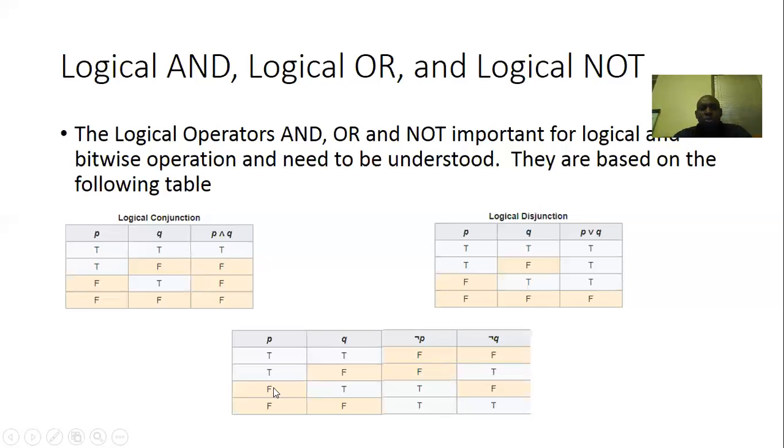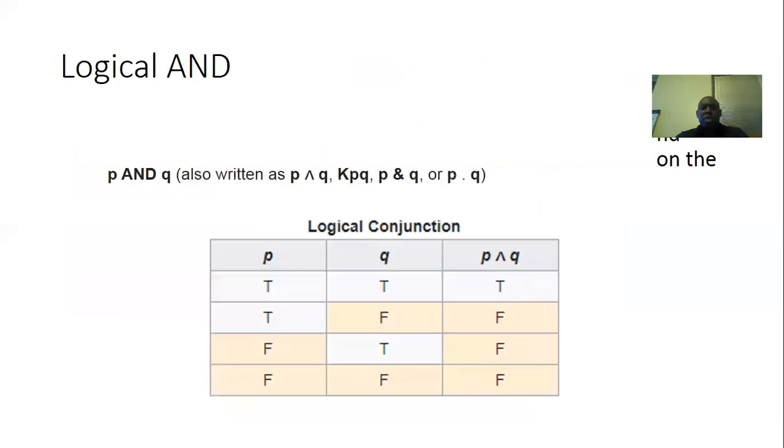When the input is false, the result is true. That is, if the value is true, then the opposite of the value is false. If the value is false, the opposite of it is true. The same thing applies to Q. That is what logical NOT is all about. Let's take a brief look at it.